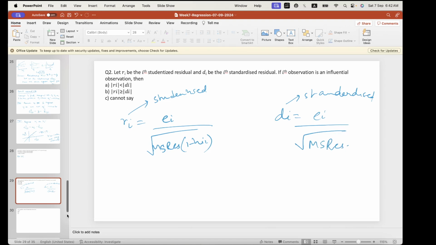Okay, and we know that the ith observation is influential. So if it is influential, it will have unusual x and it will have unusual y. So Hii will be close to 1, so then this one will be close to 0. Then what do we have? We will have mod of Ri greater than or equal to Di.